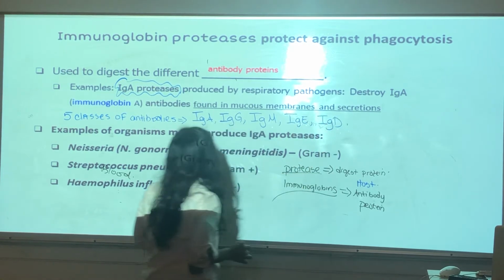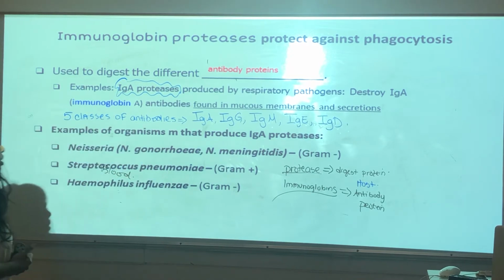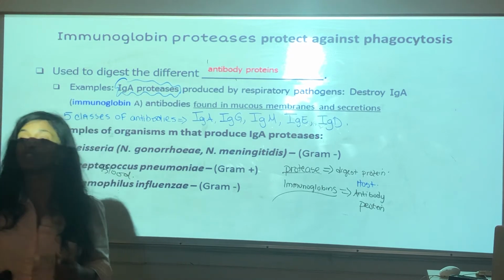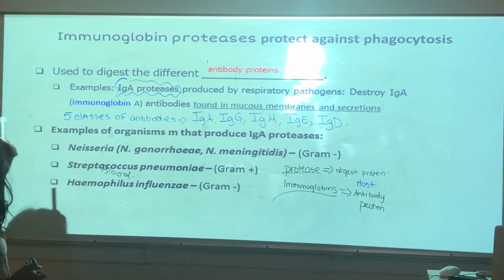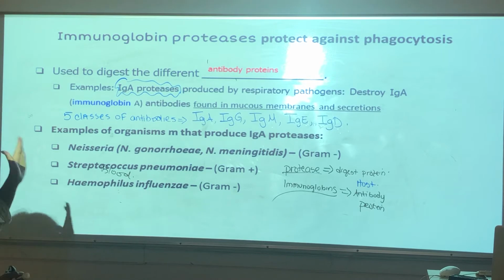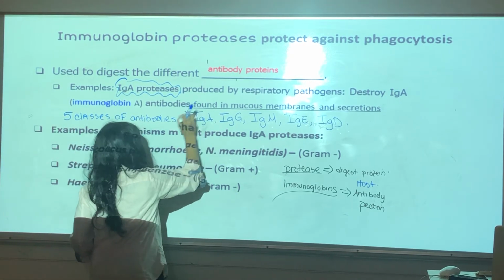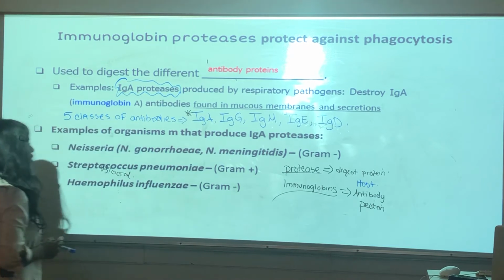So we have 5 different antibodies. That means that these bacteria can make different proteases to destroy the 5 different classes of antibodies set up by our body to protect us. In this case, we have the example of the IgA protease, which is specifically going to target only one of the antibody proteins, and that's IgA.